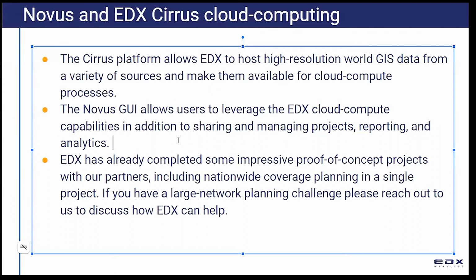We've done some impressive projects there. And we've run nationwide area coverage at 30 meters or 10 meters resolution for the entire United States for another one of our partners. And so this is something that we can do today.